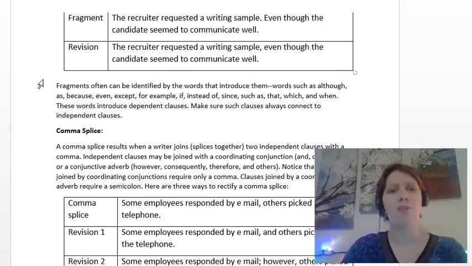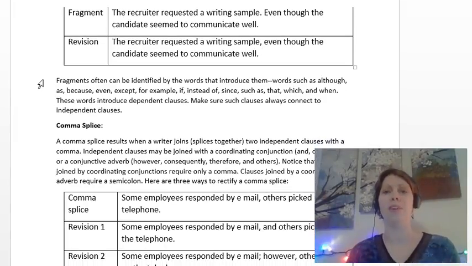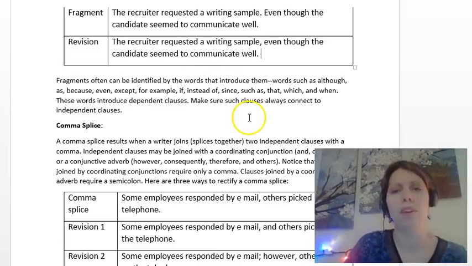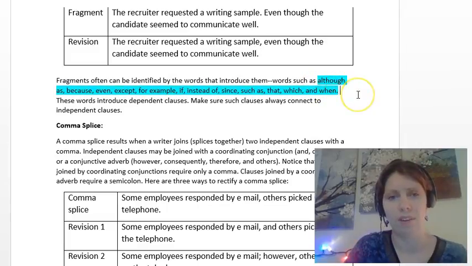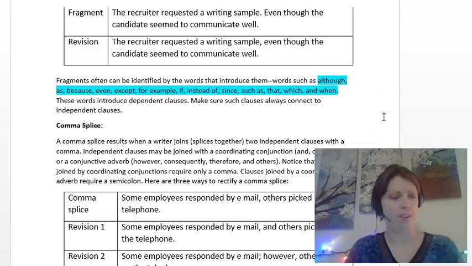Fragments can often be identified by the words that introduce them. Words such as although, as, because, even, except, for example, if, instead of, since, such as, that, which, and when. These words introduce dependent clauses. Make sure that such clauses always connect to an independent clause. Don't leave them hanging around.